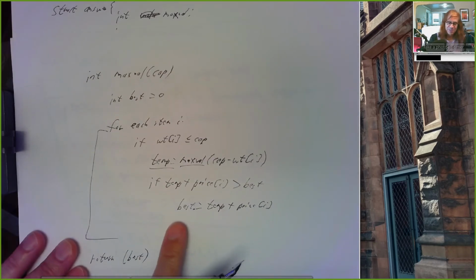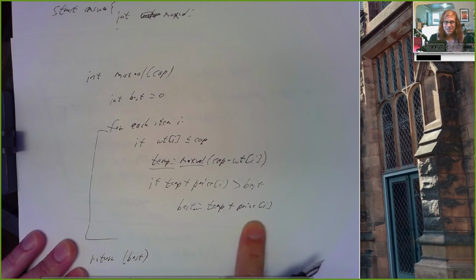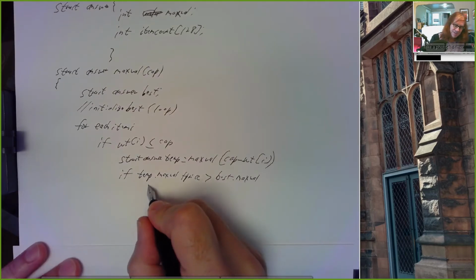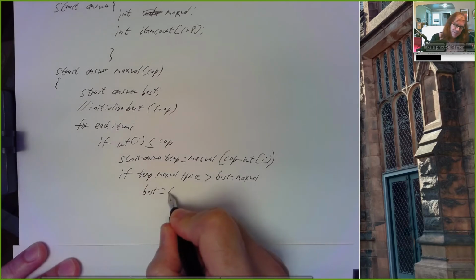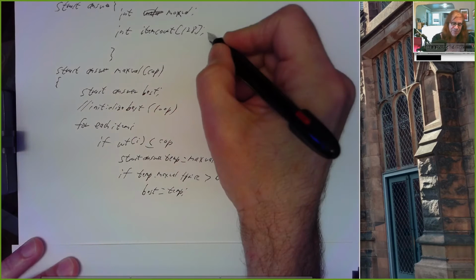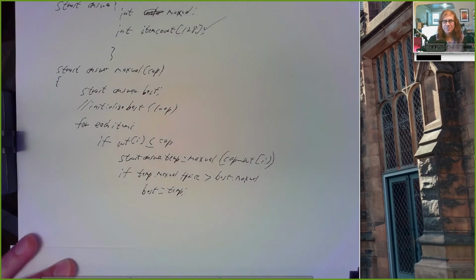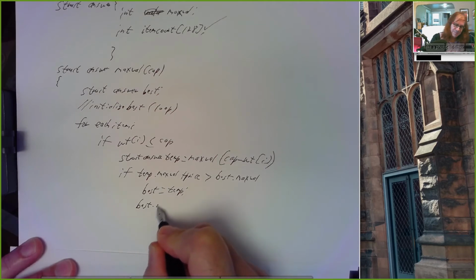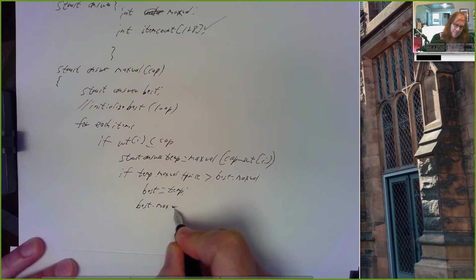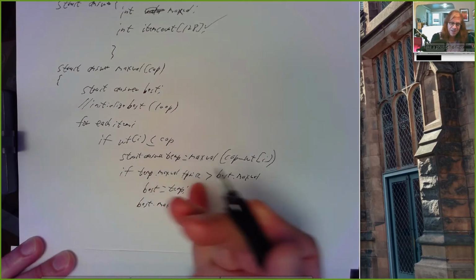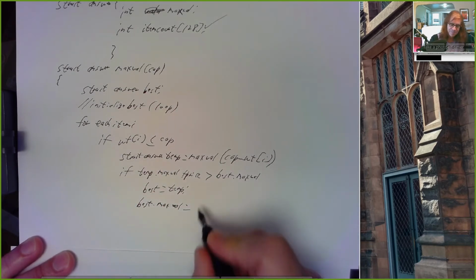So I'm not just going to do best equals temp plus price I, because this is an int, this is a struct, this is a struct. So let's do this. Set best equal to temp. And that copies over this list of items. And then best dot maxval equals, well, what's our value? It's temp maxval plus the price.